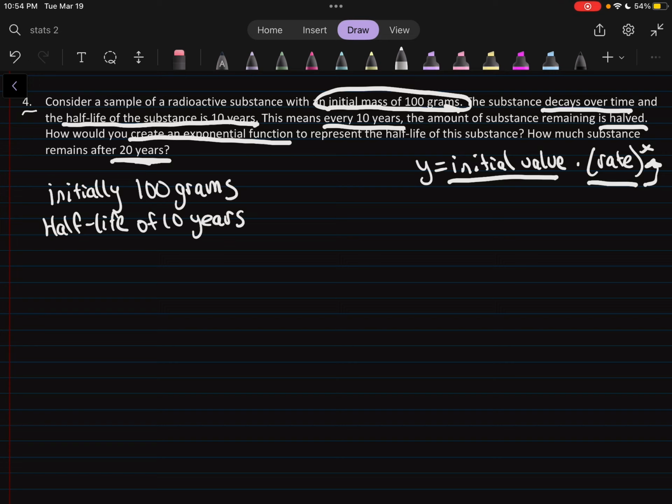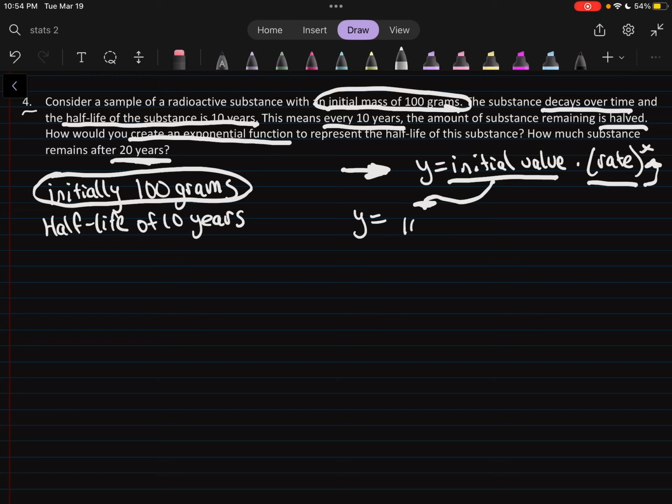Now, we can use the function we just labeled here, and we can create our own for this problem. So this would be y equals initially 100 grams. And this would be where our initial value comes in. So 100's placed there, and you would multiply that by the rate.